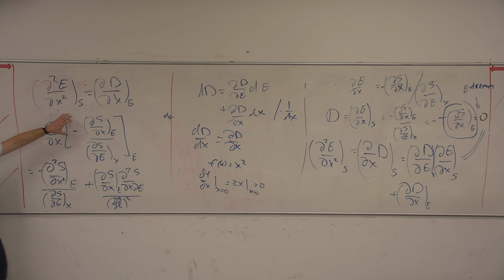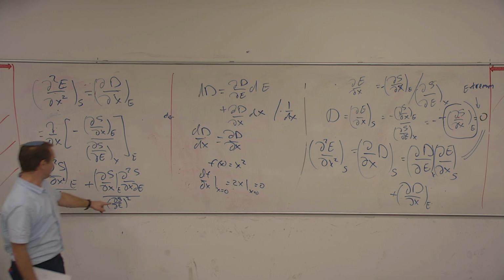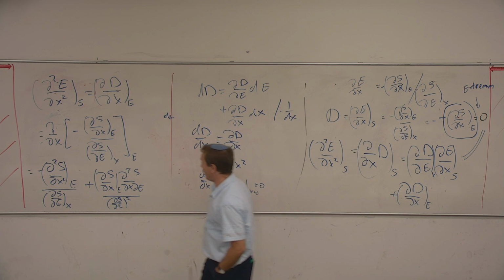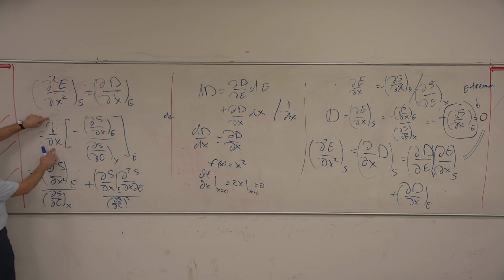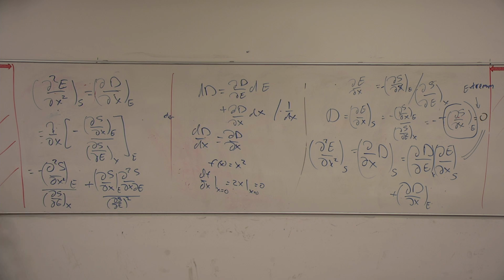I have a quotient, so I first take the derivative of this guy, and then I take the derivative of 1 over this guy. Think about two functions: this is f of x, this is g of x. This is the derivative of this ∂s/∂x, and this is why I still have minus over here.